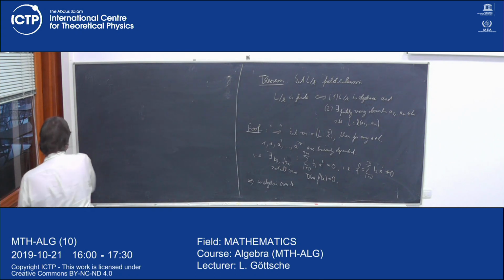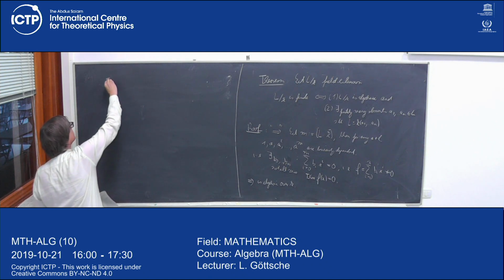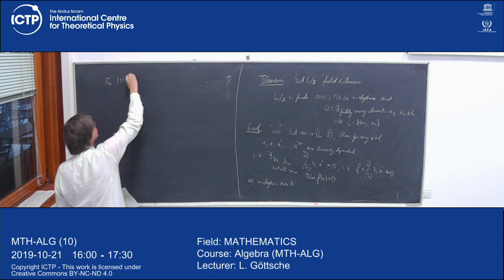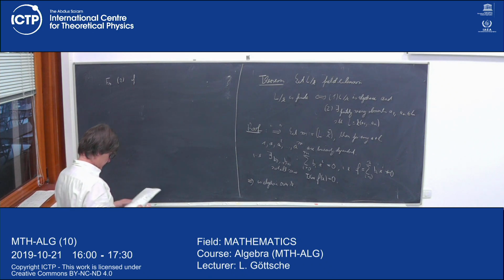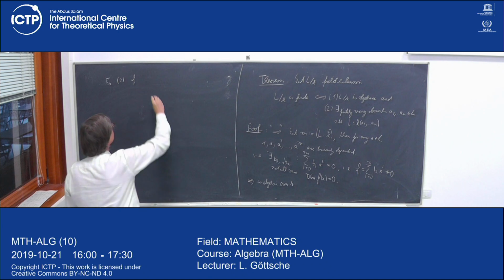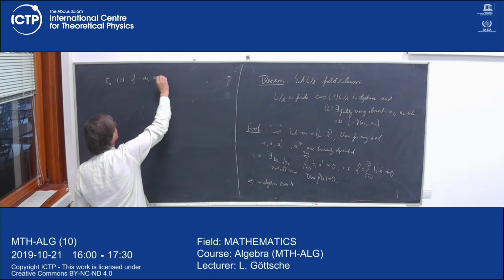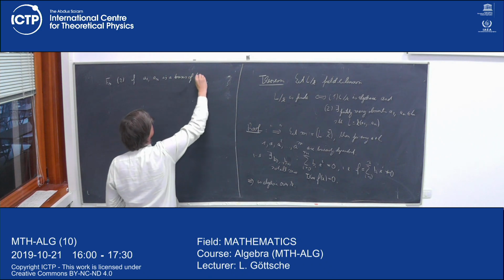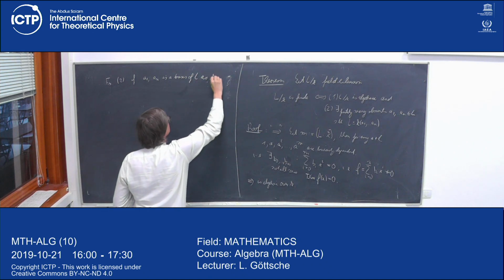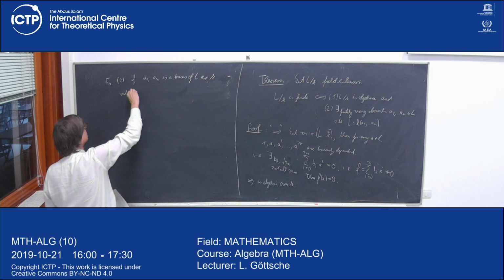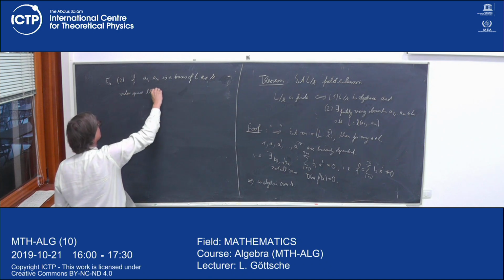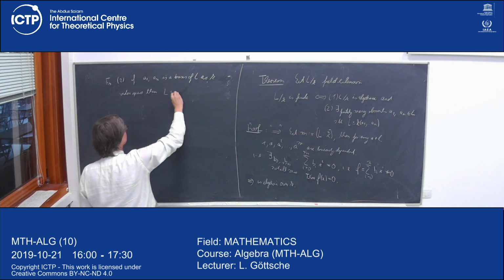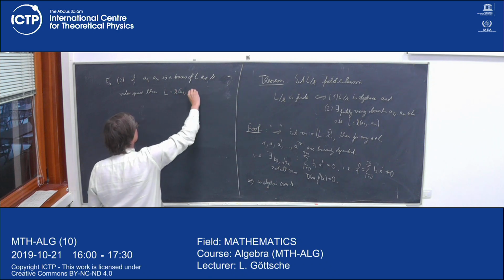is clear, because for example, if a1 to an is a basis of L as a K vector space, then obviously L is equal to K(a1, ..., an).